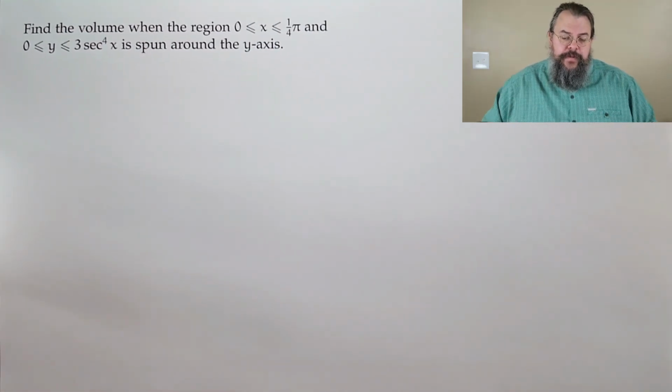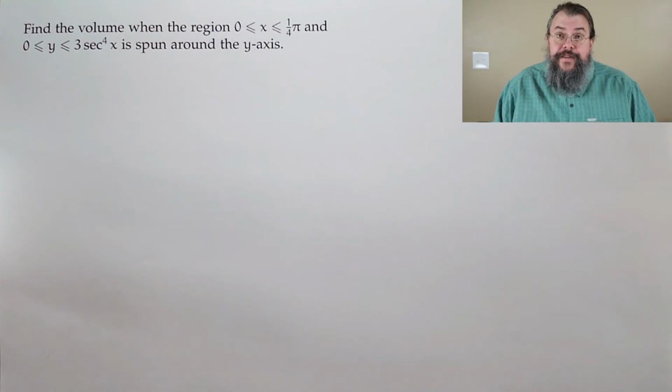Find the volume when the region 0 less than or equal to x less than or equal to pi over 4 and 0 less than or equal to y less than or equal to 3 secant to the 4x is spun around the y-axis. Okay, let's think about what's happening here.